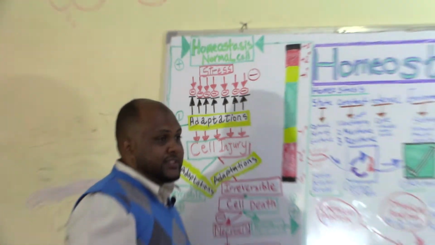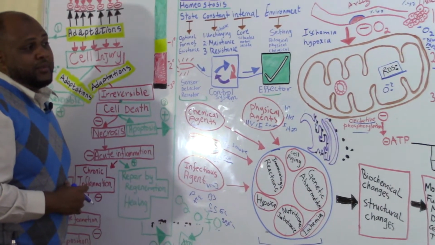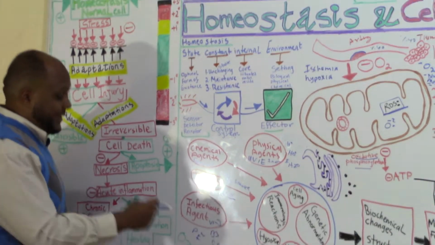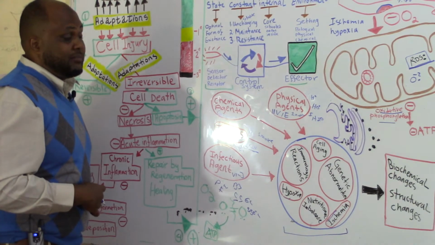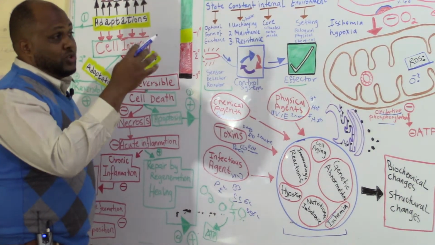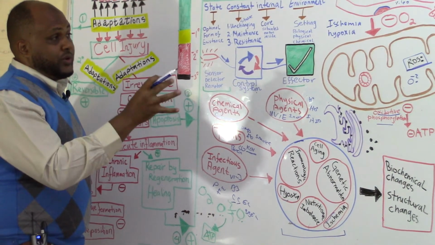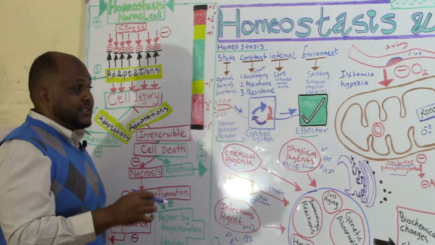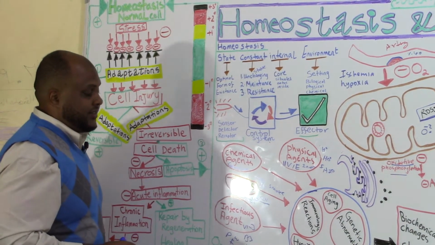Once entering the cell, it can lead to cell death by apoptosis, and can also lead to cell death by necrosis. And some bacteria will lead to cell death by apoptosis if they bind to structural components through their toxins, or if they release toxins that can cause necrotic death.